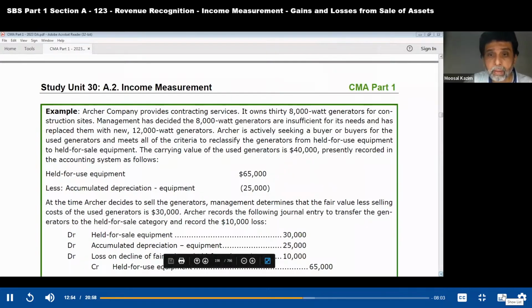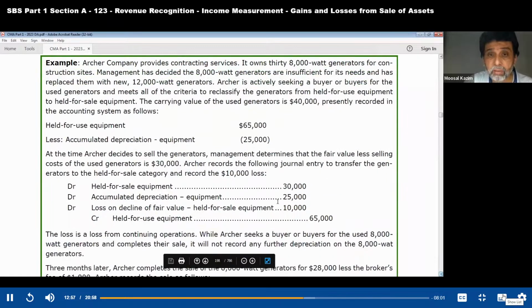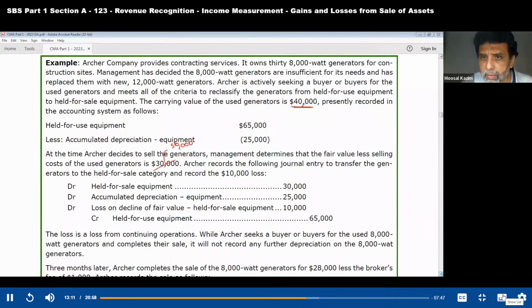Suppose the fair value less the cost to sell was, instead of 30,000, let us say it was 50,000. Then you would recognize it at 40,000 only. You would not recognize 50,000, right?